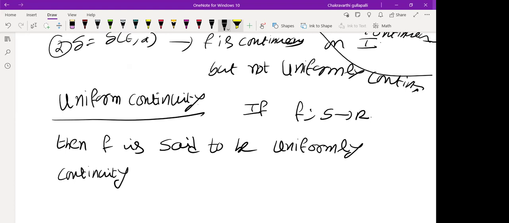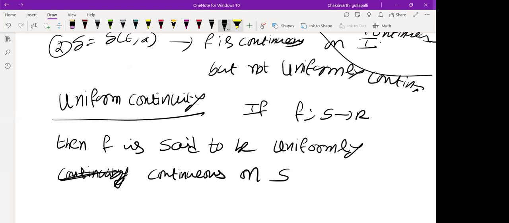First, I should give you the concept, then the shortcut, then the application. This is how I am going. So f is said to be uniformly continuous on S. Always remember, uniform continuity is defined over a set or an interval.